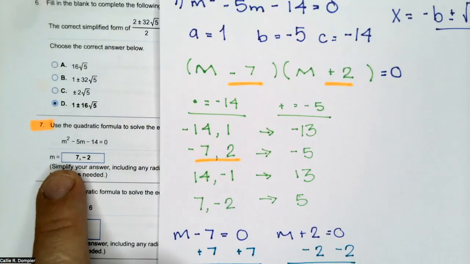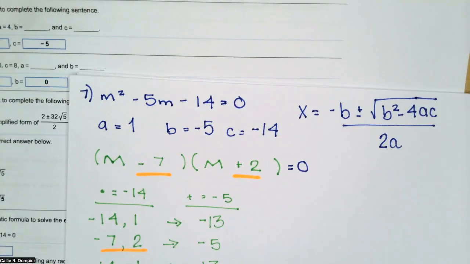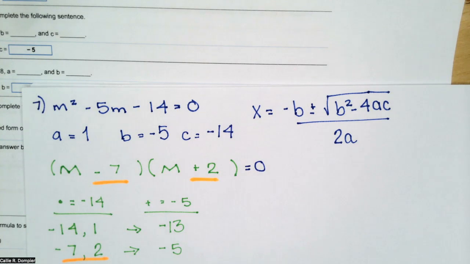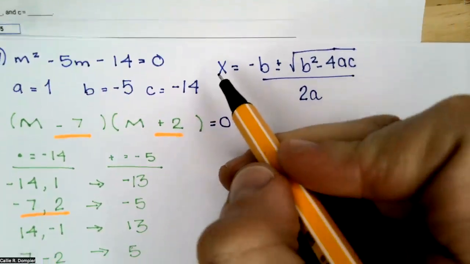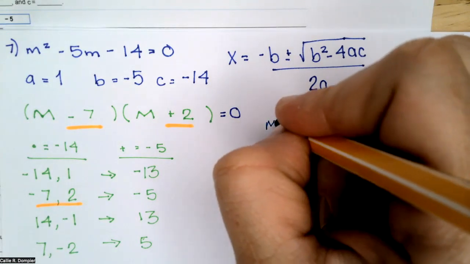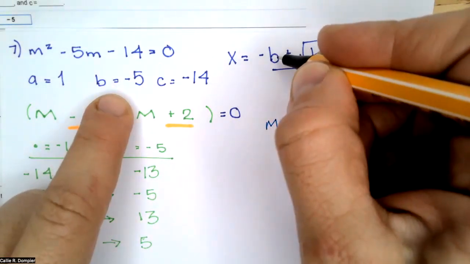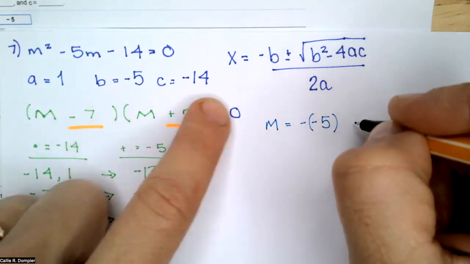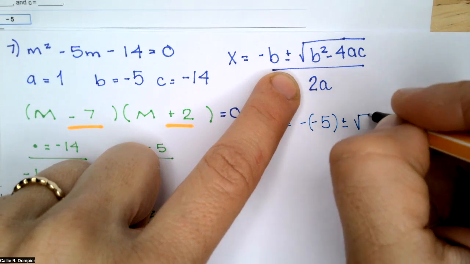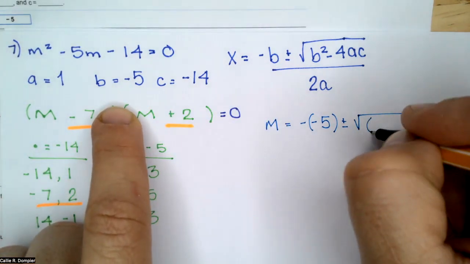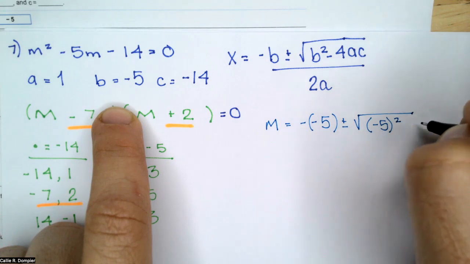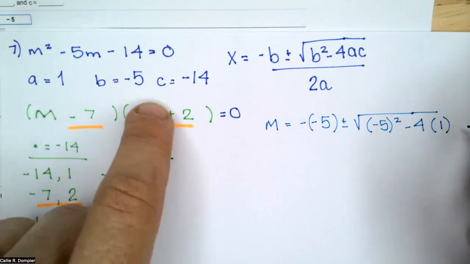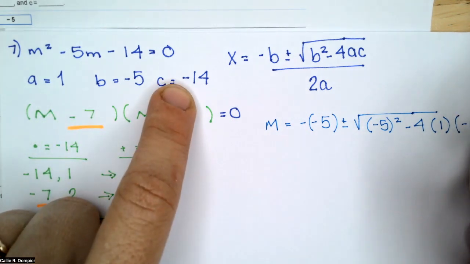Oftentimes you won't get a whole number as your answer, so you'll need to use the quadratic formula. So let's plug in a, b, and c to this equation. It wouldn't really be x this time, it would be m, but it doesn't matter. So m equals negative b, so negative 5, plus or minus the square root of negative 5 squared minus 4 times 1 times negative 14.